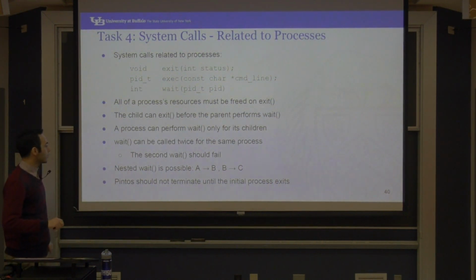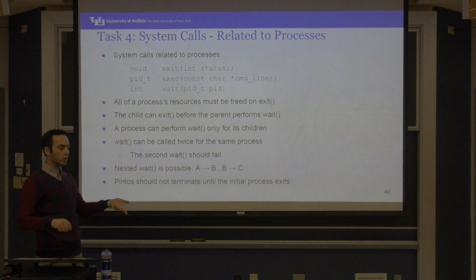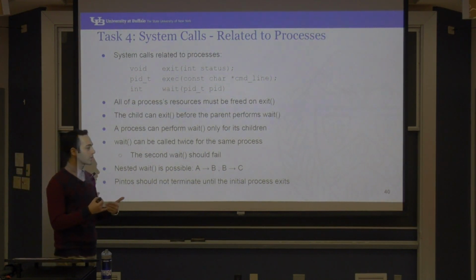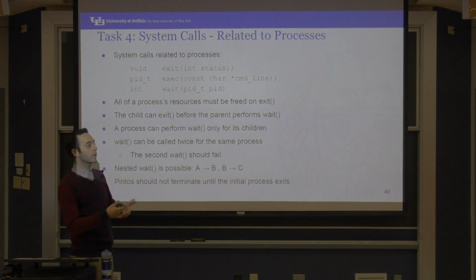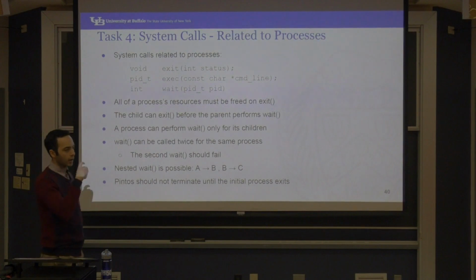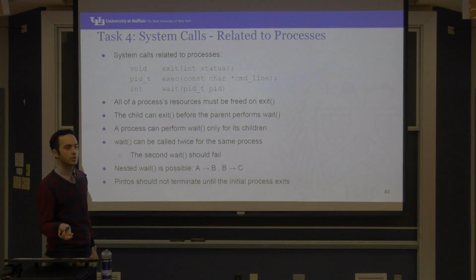So you have to also, as I said, for the process wait, you can turn it into an infinite loop, but eventually that's not the wait. So once the initial process exits, then Pintos should basically terminate and shut down, right? Otherwise, it will always just time out.